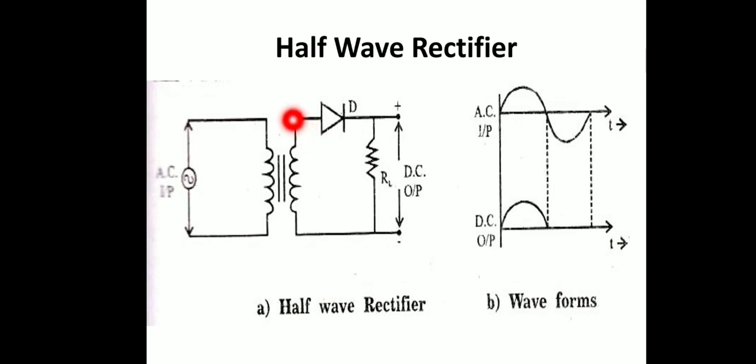So the N-type semiconductor experiences an attractive force. Here is the N-type. It experiences an attractive force from the positive terminal of the battery, right? Similarly, a large number of holes, that is majority carriers in the p-type semiconductor, experience an attractive force from the negative terminal of the battery.